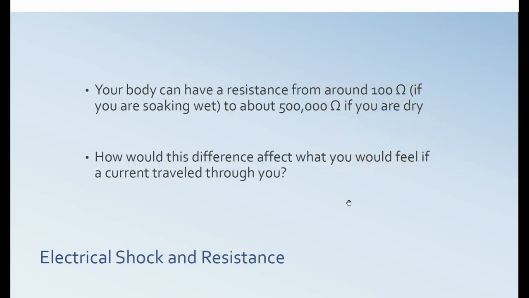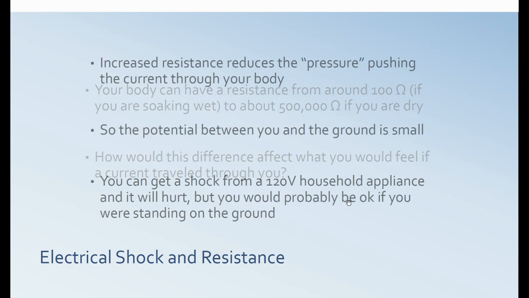Now, the human body has a resistance of about 100 ohms if you're soaking wet, to about 500,000 ohms if you're dry. So if you're dry, you have a lot of resistance. If you're wet, because the minerals in the water help conduct the current, your resistance is much less. How would that difference affect what you would feel if you grabbed a wire and current went through you?